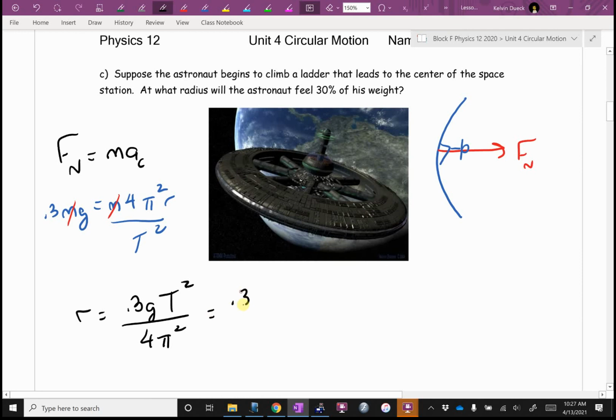So that's going to be 0.3 times 9.8 times 13.3, but I still have this number on my calculator, squared. So I'm going to use my answer button, over 4 pi squared.